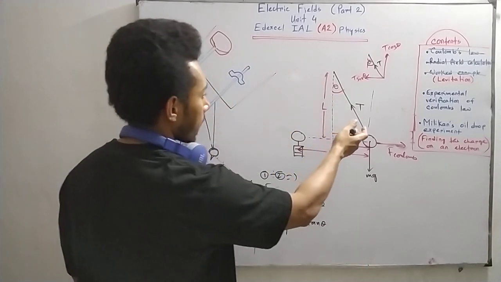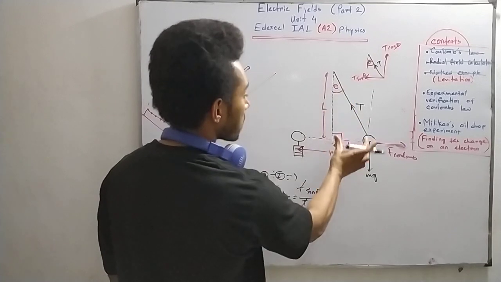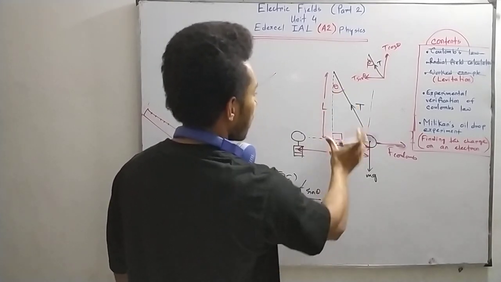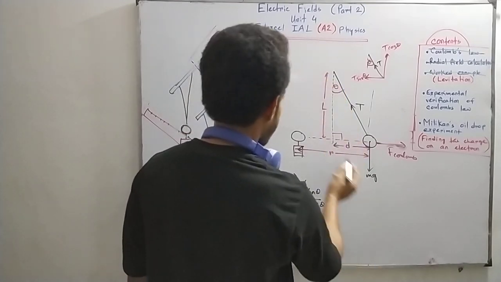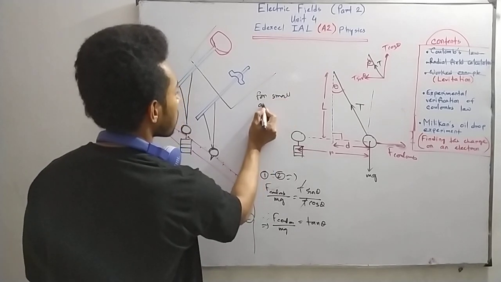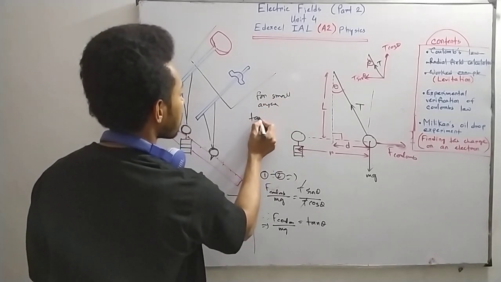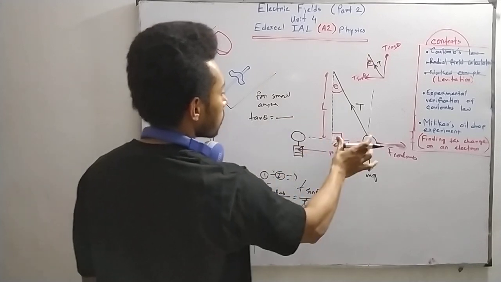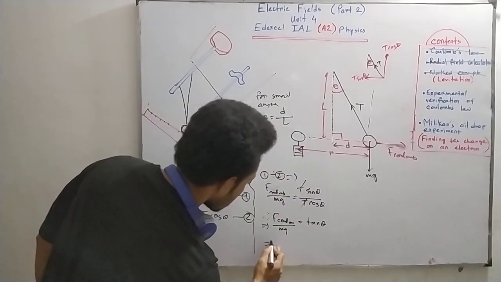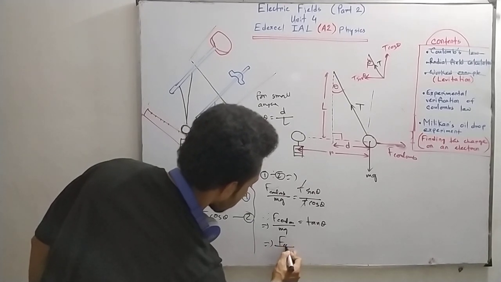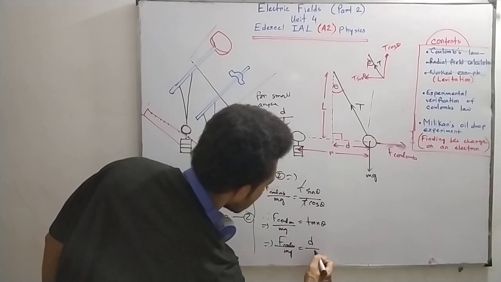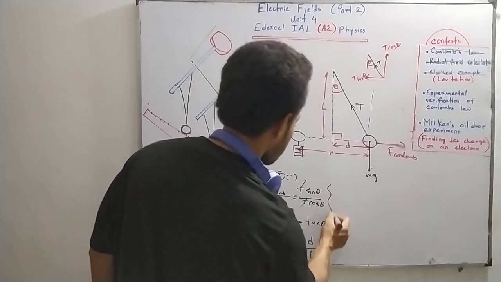And look at the diagram. For theta, this is the opposite and this is the adjacent. For a small angle, we can write tan theta is equal to opposite by adjacent, so d divided by L. Using this, F Coulomb divided by mg will be d divided by L.